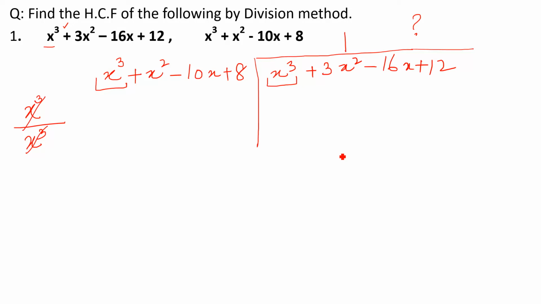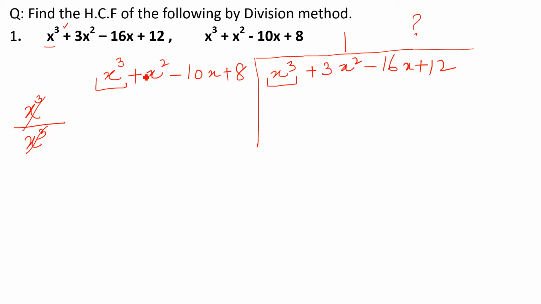So in order to find out the quotient, you have to take the first term of the dividend and first term of the divisor. And keep in mind, the most important thing is this: the first term of the dividend should be greater than or equal to the first term of the divisor, it cannot be less than.